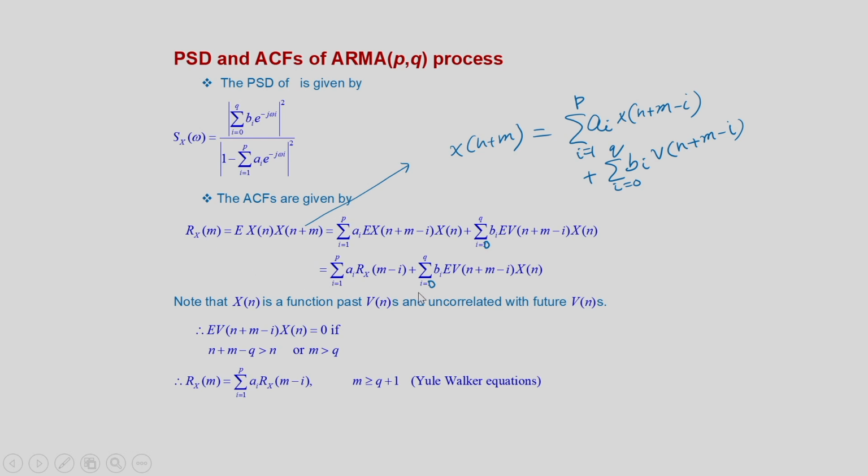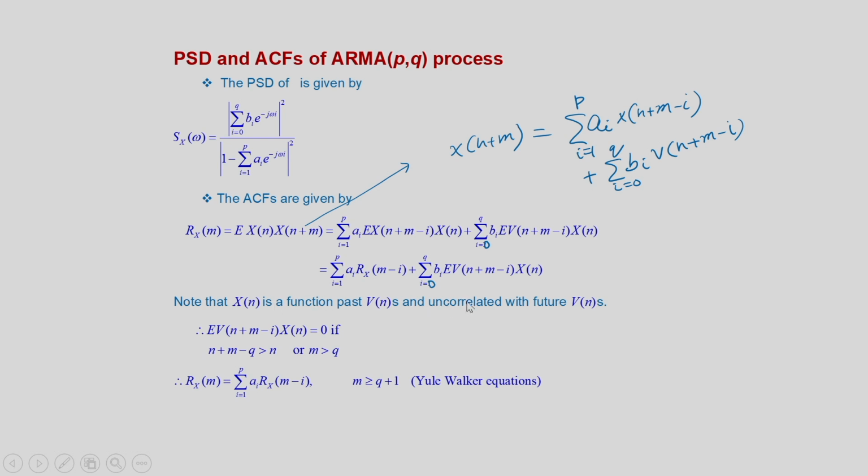R_x[m] is equal to this, and we see that these b_i terms are contributing to this expression, but we note that x[n] is a function of past v[n]'s, which are uncorrelated.